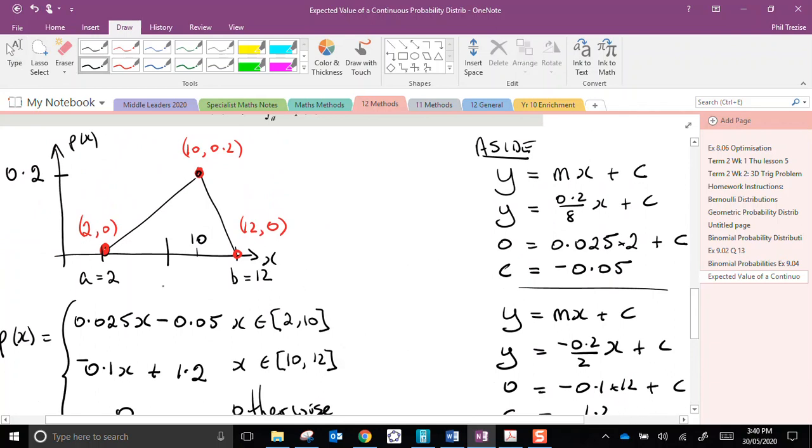So there's the mean of 8, somewhat to the left of the highest value. Not really a surprise there, because this is a negatively skewed distribution. Most of the area under this distribution lies to the left of the peak value, so it's no surprise that the mean is also a little bit to the left of the peak value there.